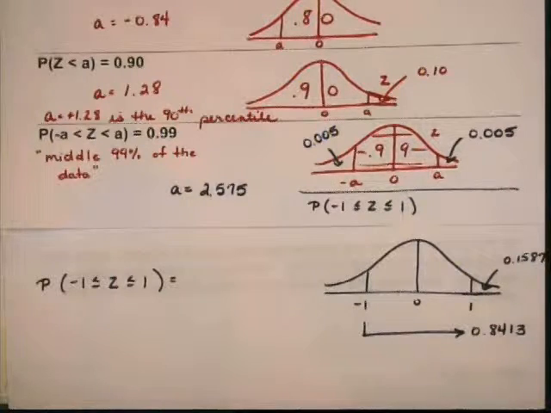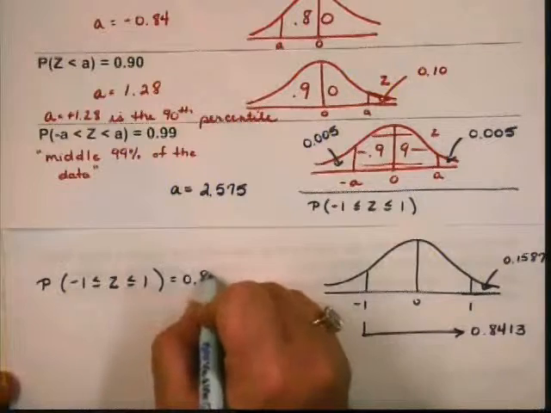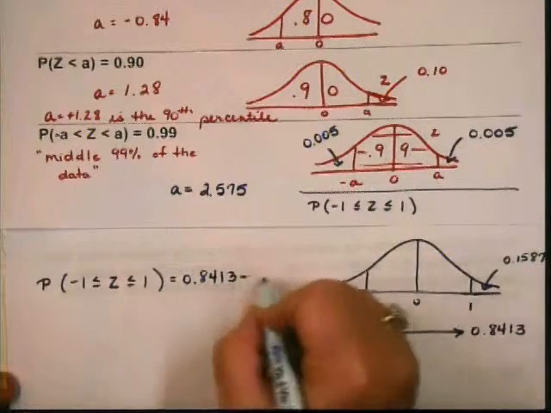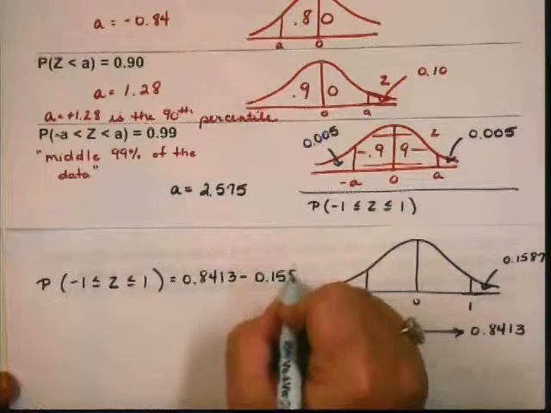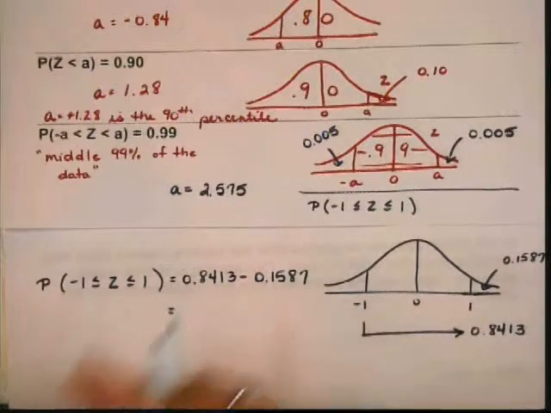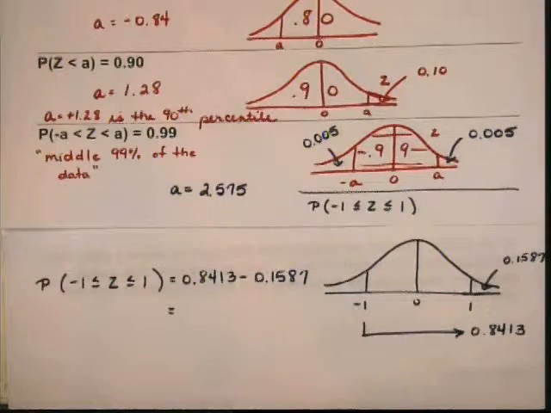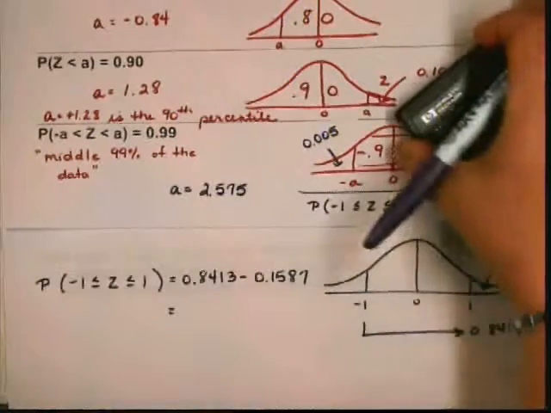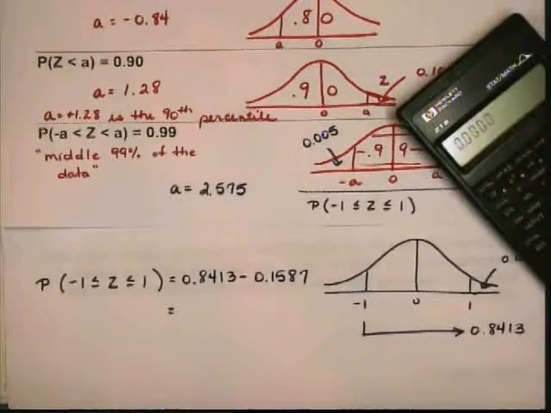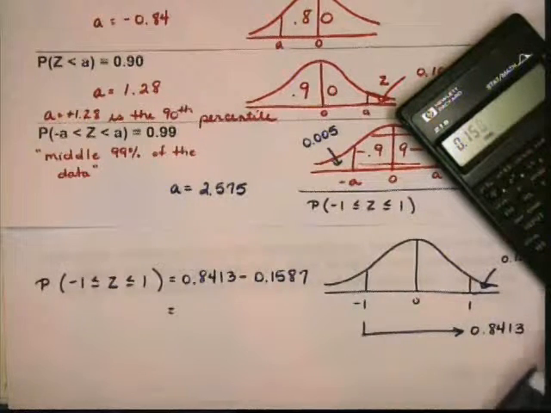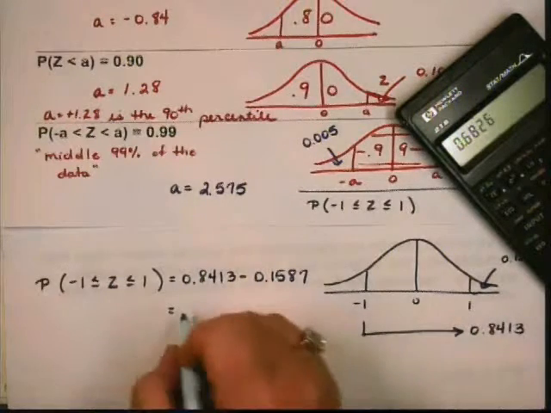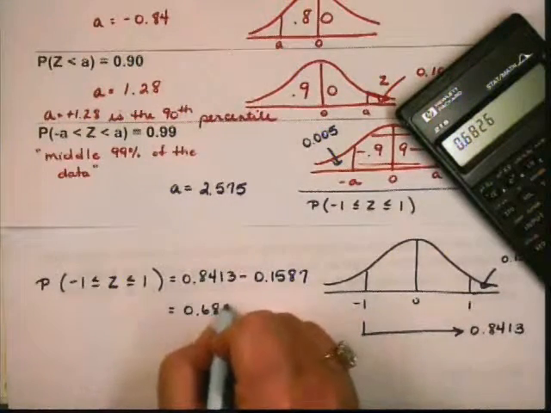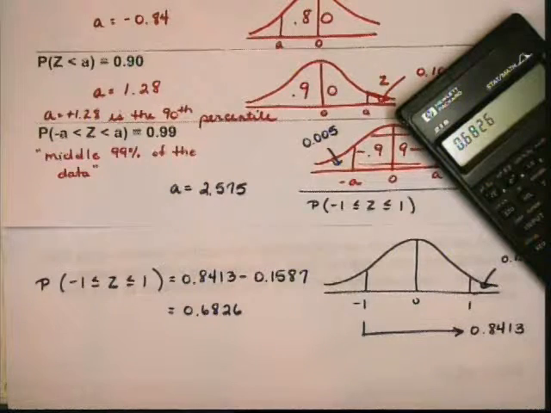We had that one in one of the first ones we did. And so the difference between these is what? 0.6826. Approximately 68% of the area is within one standard deviation.